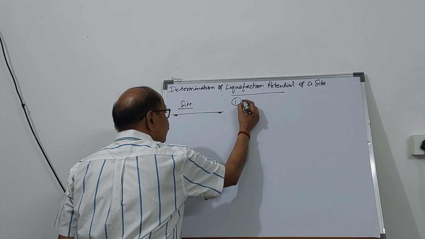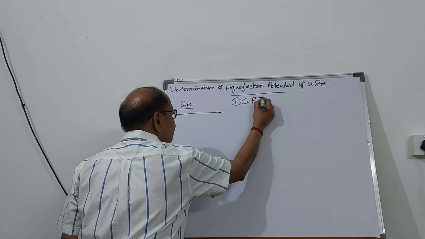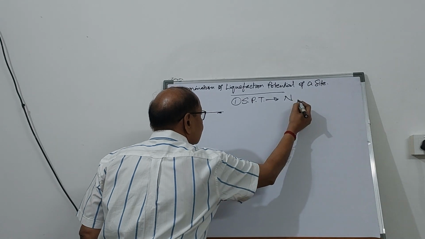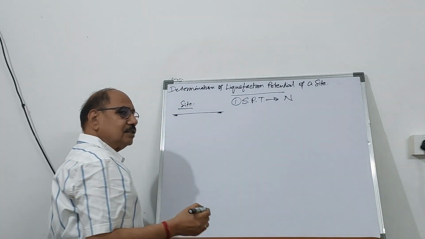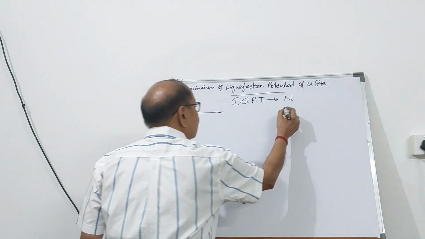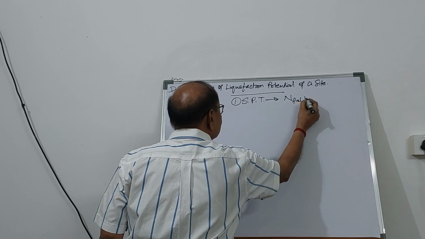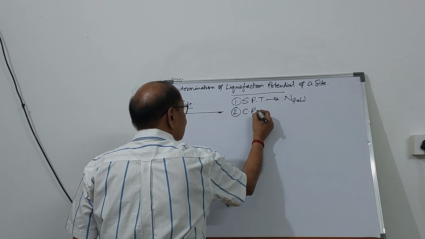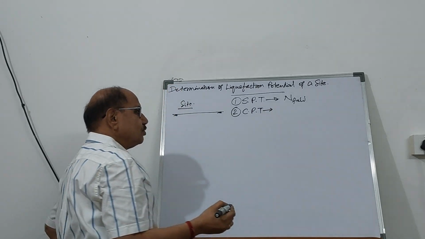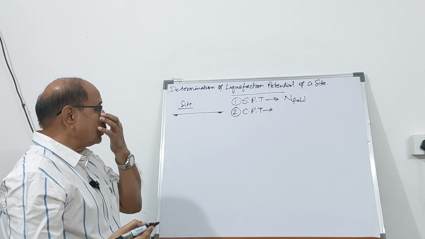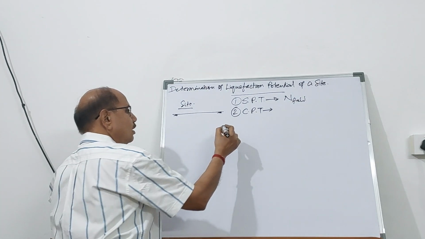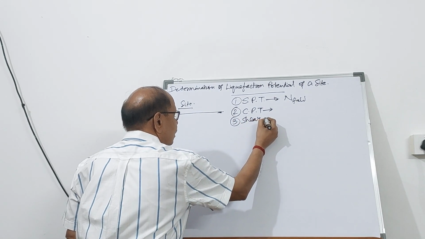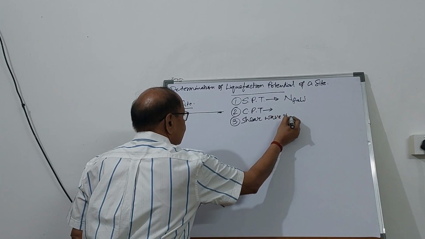Either you can perform a standard penetration test and find out the N value, the number of blows required for 30 centimeter of penetration at the site. So in the field, you can find it out, or you can go for cone penetration test, CPT, and you can find out the cone tip resistance and the sleeve friction, or you can also perform the shear wave velocity test.